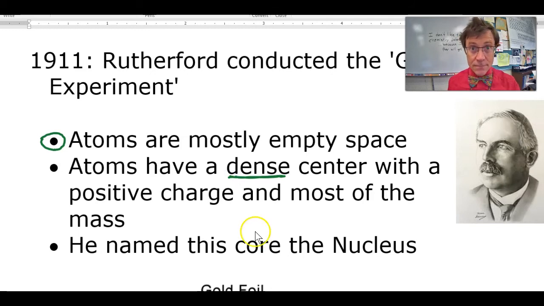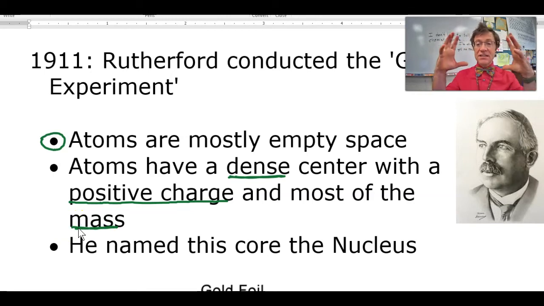That center has a very, very strong positive charge and almost all of the mass. So if an atom had edges, most of it is absolute nothing, but in the very center there is a really, really dense core that has almost all the mass in it, and it has a positive charge.